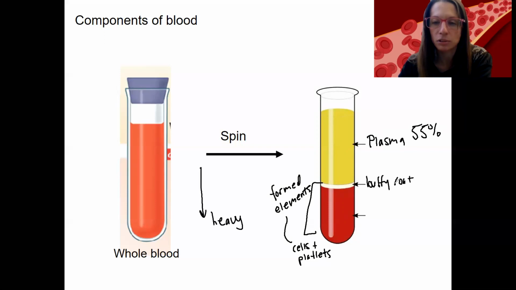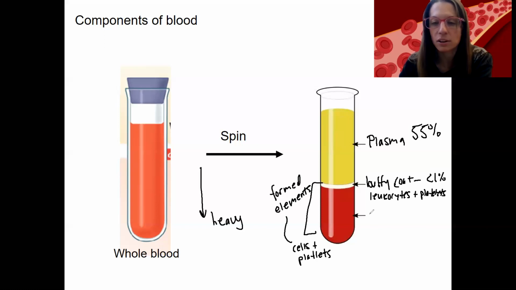It is made up of leukocytes and platelets, so white blood cells and platelets. And this is less than 1% of your whole blood. We'll get back to the function of both white blood cells, immune function, and platelets involved in clotting later on.